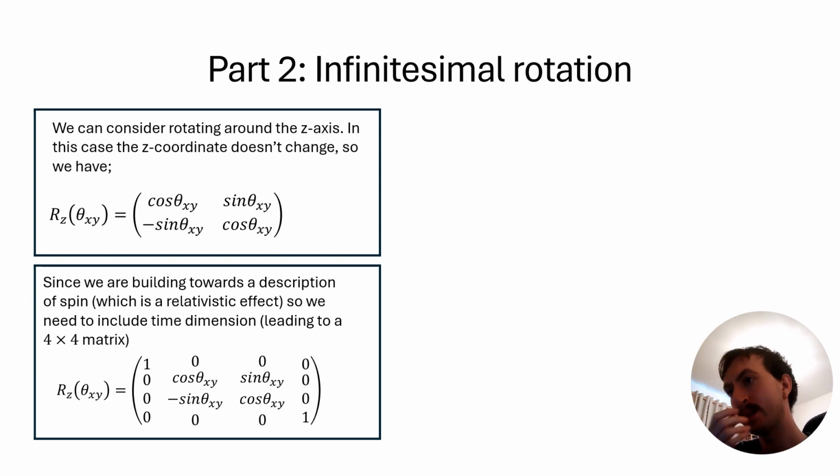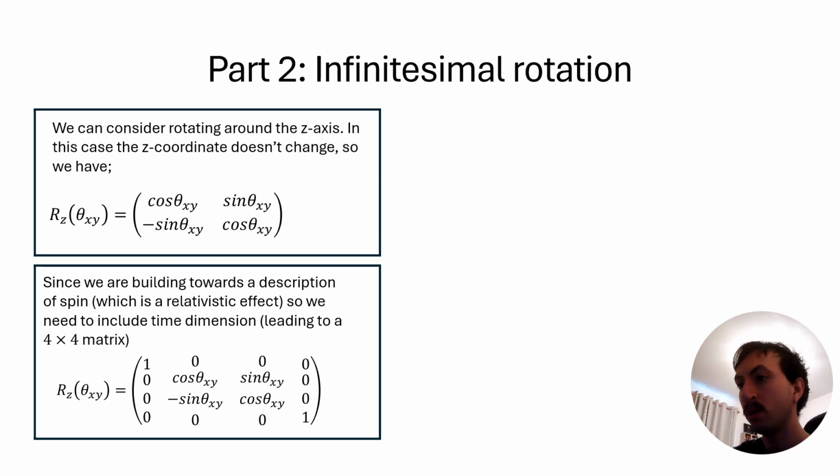Now you'll notice that I have put the original 2x2 matrix in the middle of this 4x4 matrix we have at the bottom, because the second row and second column and the third row and third column, where we have elements within that realm, we have our XY components of our 4x4 matrix.